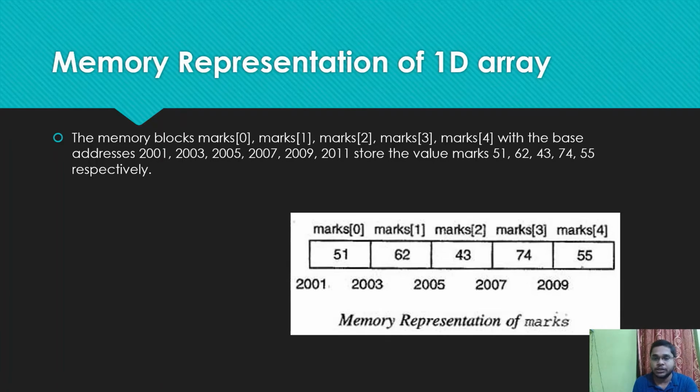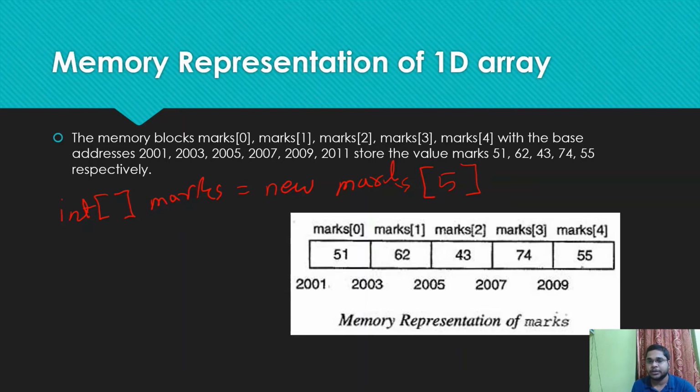The declaration is done this way, this is the single dimensional array: marks is equal to new int of size 5.